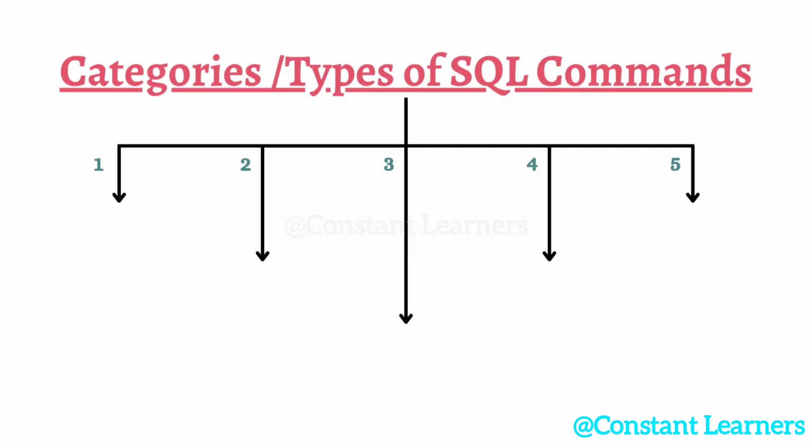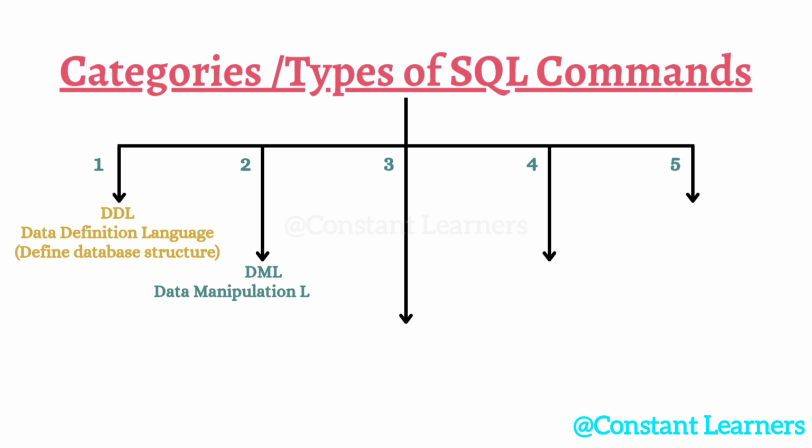Now, there are 5 major categories or types of SQL commands. First, DDL, data definition language, which is used to define the database structure. Second is DML, data manipulation language, which is used to modify the table data. Third is DQL, which is data query language, which is used to retrieve the data from the database.